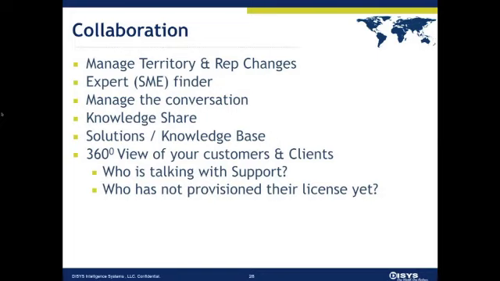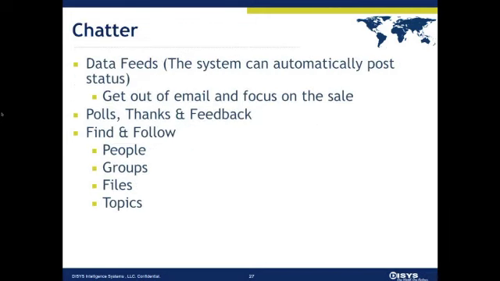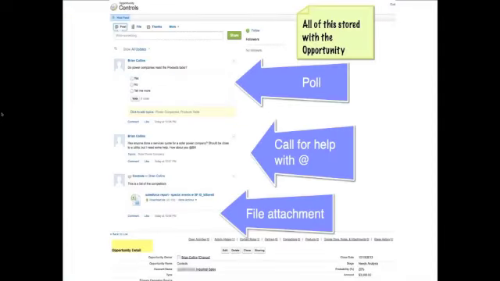So what you do is when you get to that stage of needing some help, whether it's at the marketing level, the sales level, or even the professional service level, you go to that particular object. So here on this screen, you see the call for help in the middle. I opened up my opportunity.